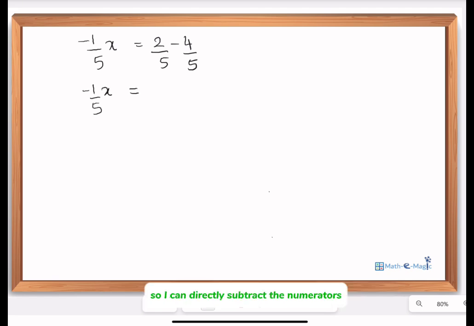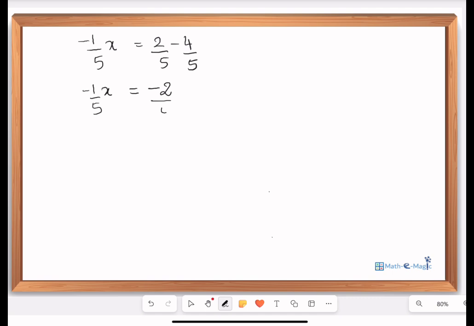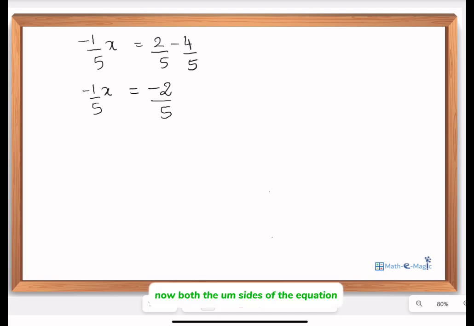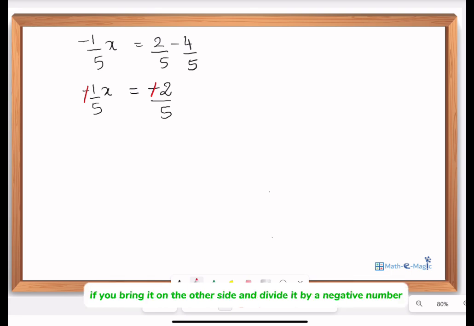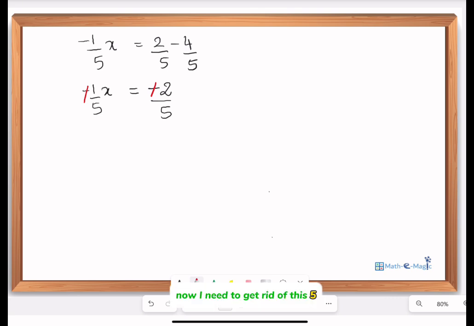The denominators are the same, so I can directly subtract the numerators, and 2 minus 4 gives me negative 2 over 5. Now both sides of the equation are negative. In this case, we can make both sides positive, because anyway, if we bring it to the other side and divide by a negative number, the answer is going to be positive. So we can do it here right away.